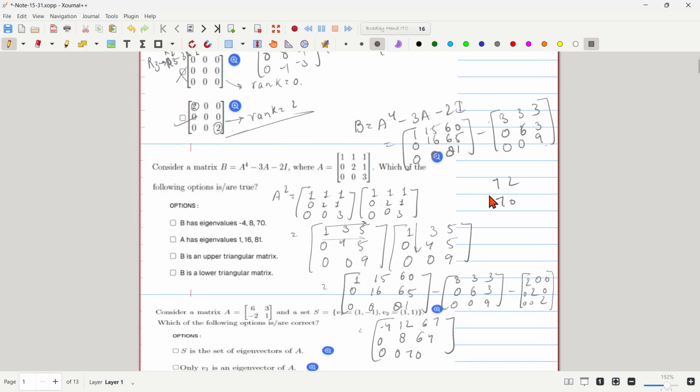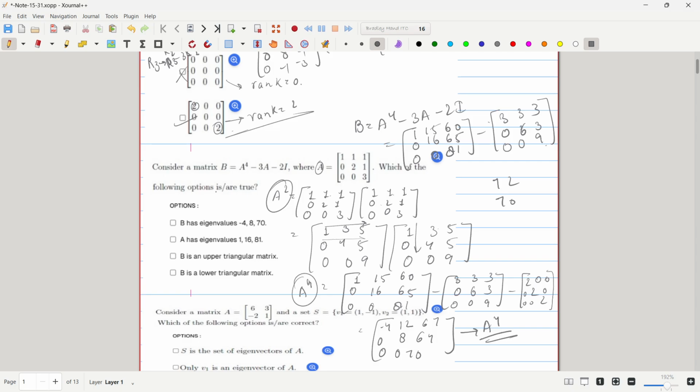In the next question, you are given a matrix A as 1, 1, 1, 0, 2, 1, and 0, 0, 3. You need to find a matrix B with the help of A raised to the power 4 minus 3A minus 2I. First we will find A square, then A raised to the power 4, and this is your matrix A raised to the power 4.